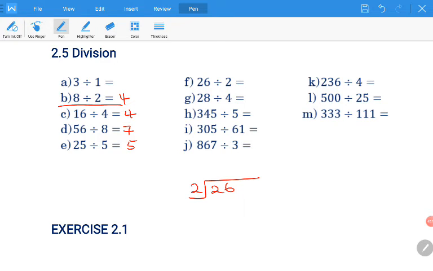So we say 2 into 2, it's 1. And 2 into 6, that's 3. So 26 divided by 2 is 13.